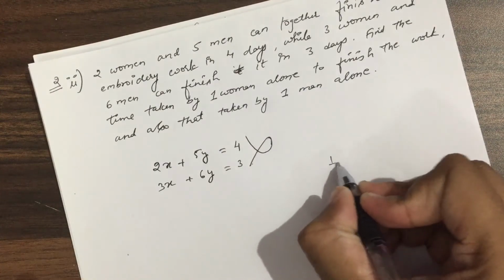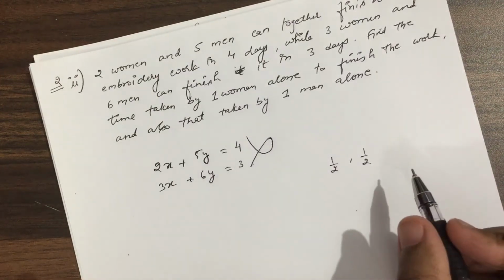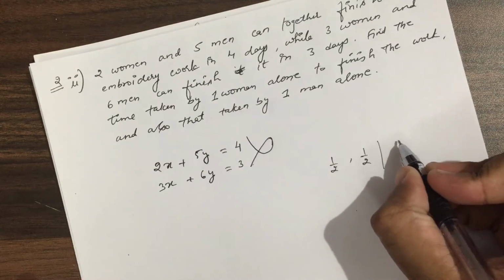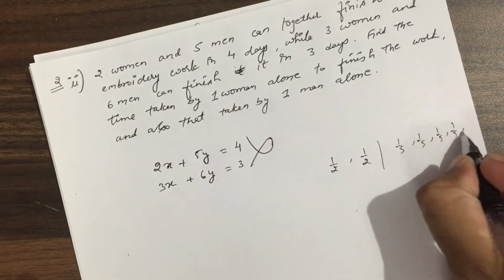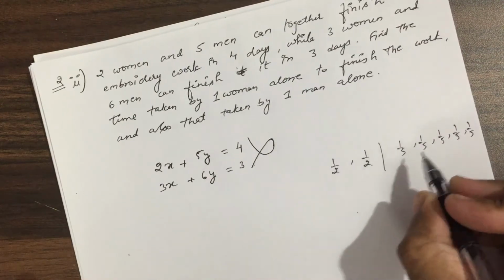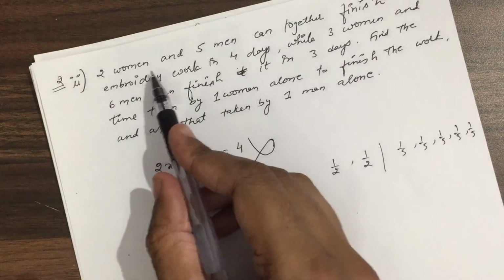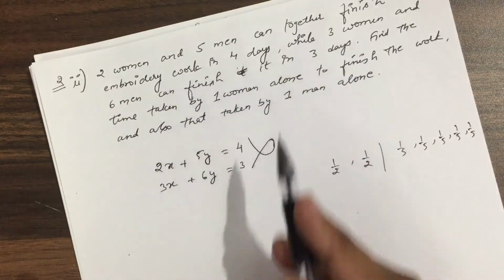So we can say that 1/2 and 1/2 on each day. Suppose a person finishes work in 5 days. So what will be the work done on each day? 1/5, 1/5, 1/5, 1/5 and 1/5. So this is how we can say that. So here what is given? 2 women and 5 men together finish an embroidery work in 4 days.